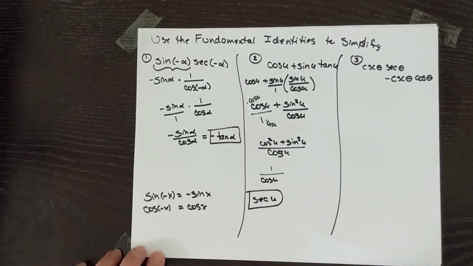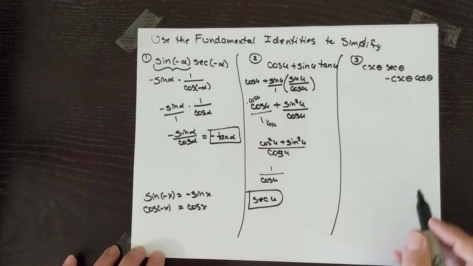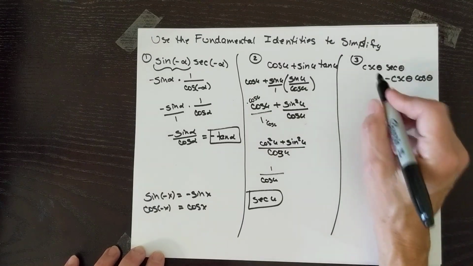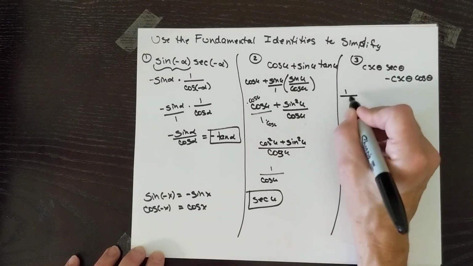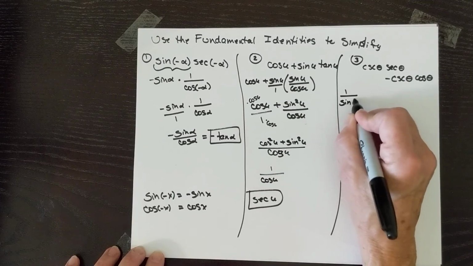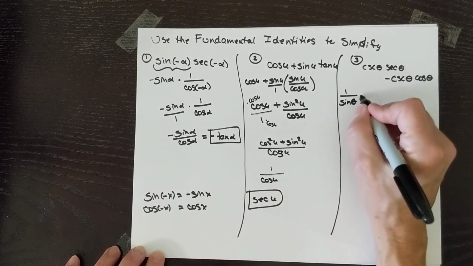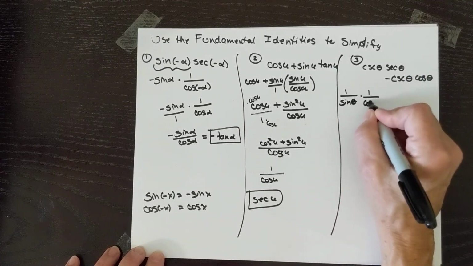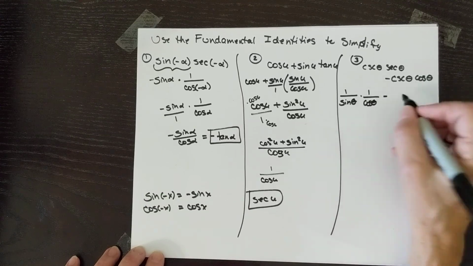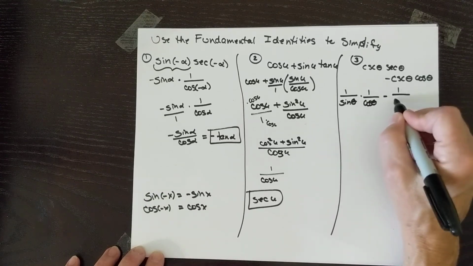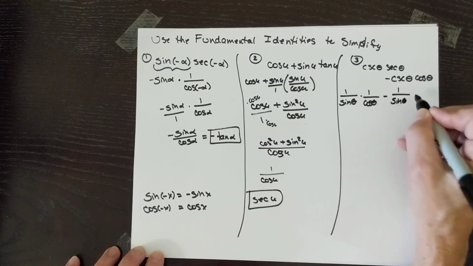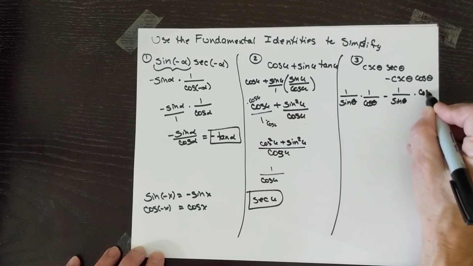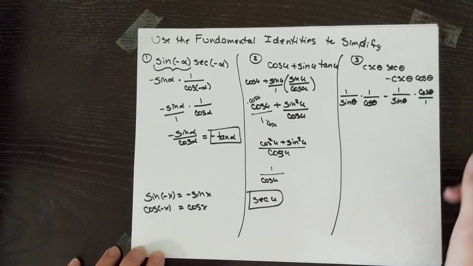All right, the last one we're going to do, let's rewrite these all into sines and cosines. Cosecant of theta is equal to 1 over the sine of theta. Secant of theta is 1 over the cosine of theta, minus cosecant, which is 1 over the sine of theta, times the cosine of theta over 1.